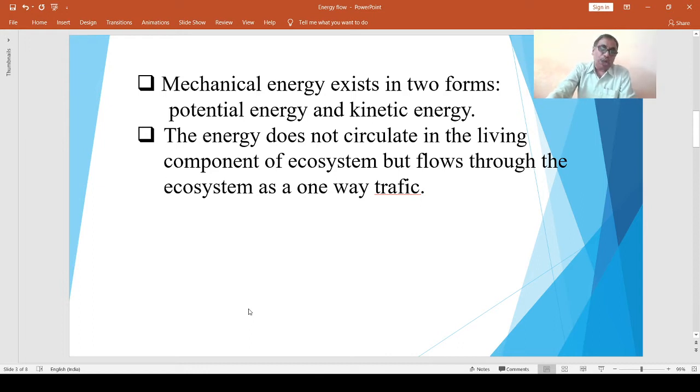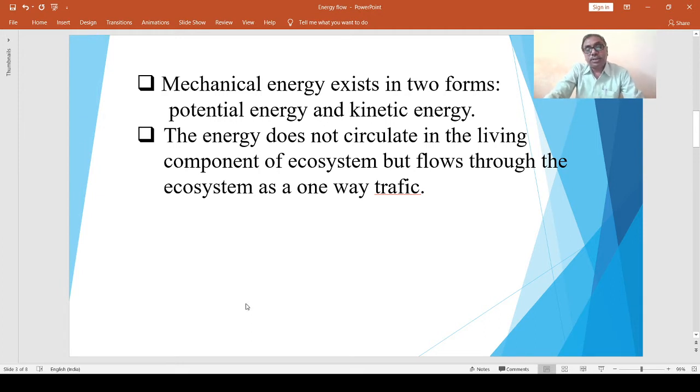The population of animals that can be sustained goes on getting smaller and smaller. The energy does not circulate in the living components of an ecosystem but flows through the ecosystem as one-way traffic.